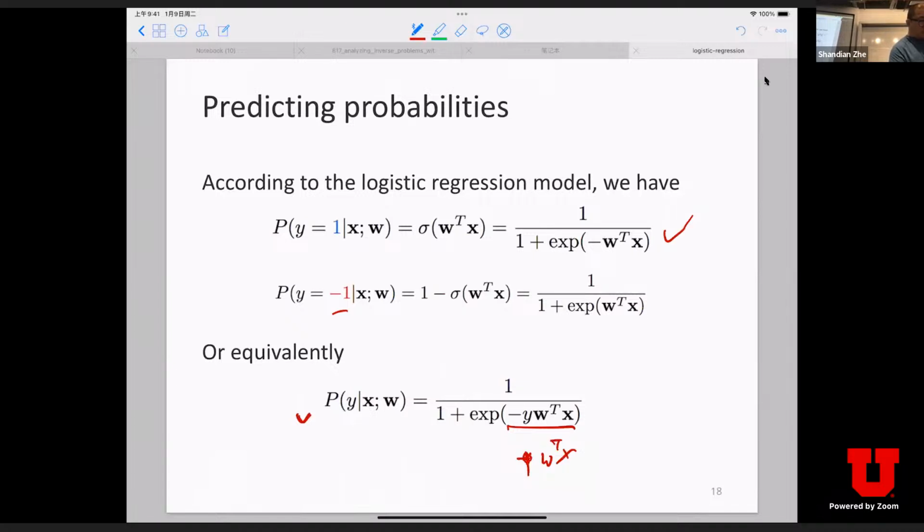So you'll recover this form. You can see that we can use one expression, one likelihood form, to summarize two cases. Any questions so far?